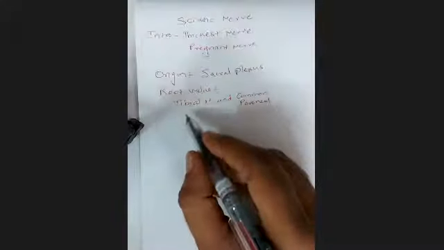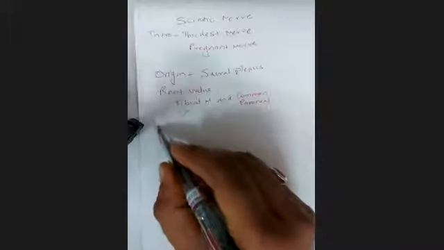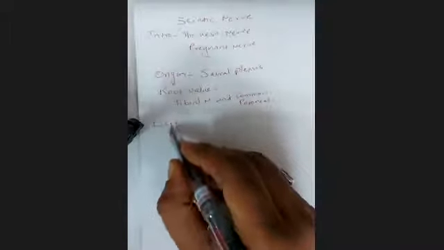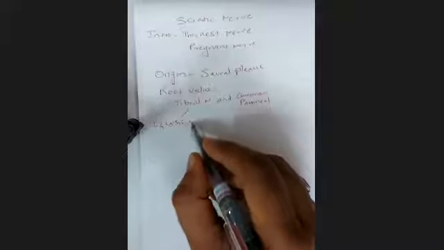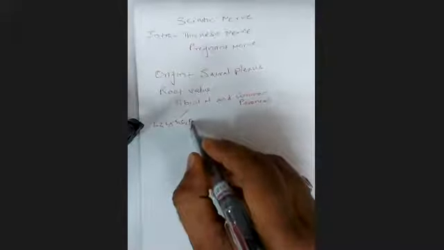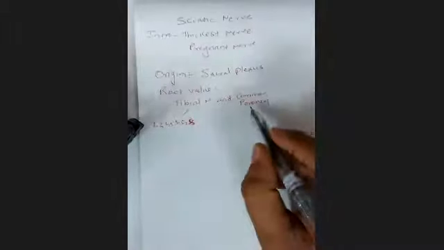Normally, superficially, when we see the root values, we just write that it is L4, L5, S1, S2, and S3 for tibial nerve, and for common peroneal it is L4, L5, S1, S2. But this is a very superficial explanation.